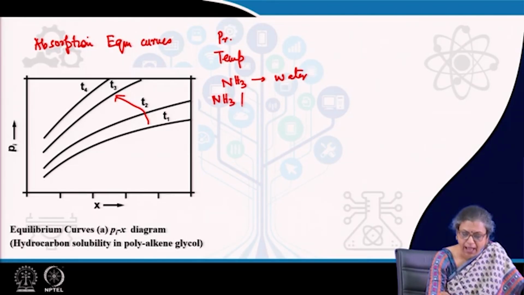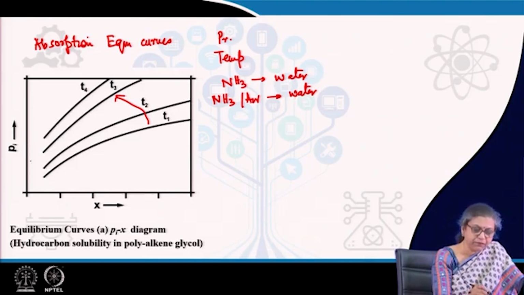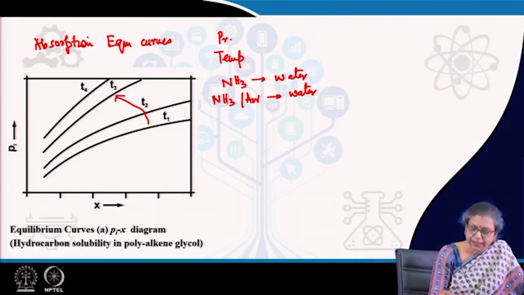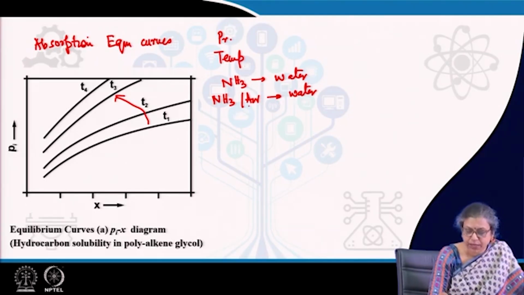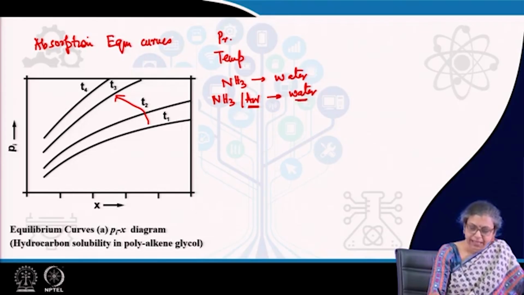Again, suppose we have an ammonia air mixture and we contact it with water and try to generate the curve. If we express the equilibrium curve in terms of Pi and Xi, then we find that if the ammonia is mixed with some component which is sparingly soluble in the solvent, then when we bring ammonia air in contact with water, the Xi remains almost constant.